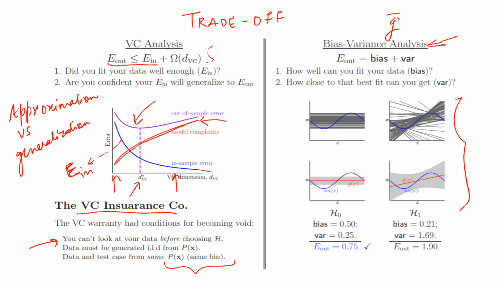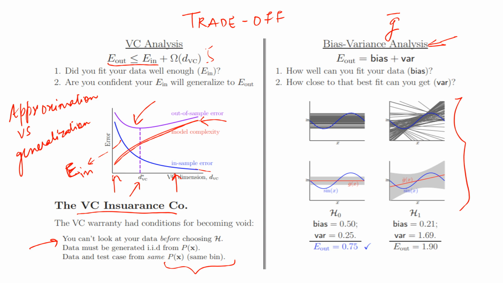In this situation, when we were trying to use a very simple model, which was h of 0, we were essentially trying to find out what my E out is going to be using the bias and the variance values.